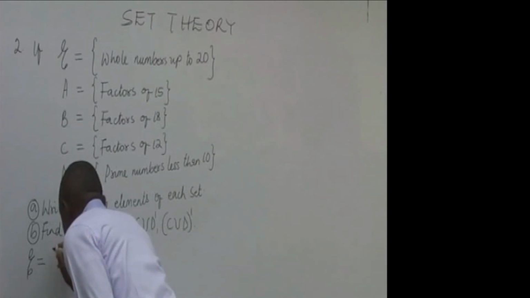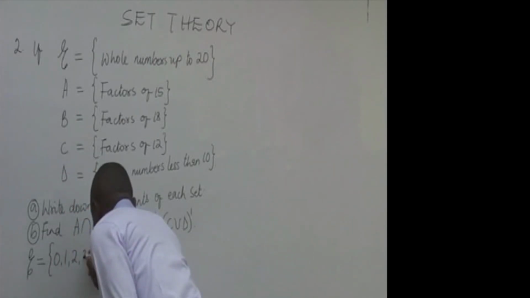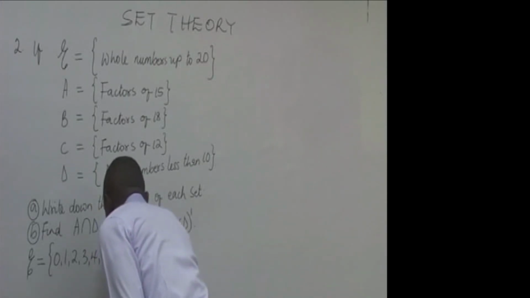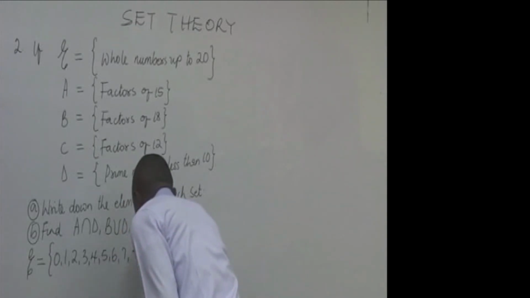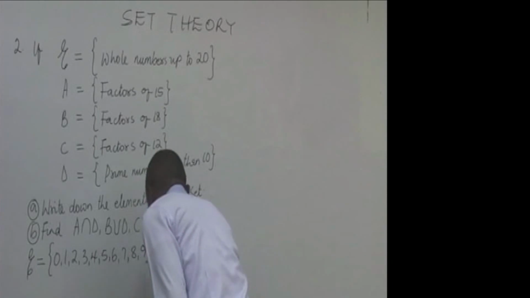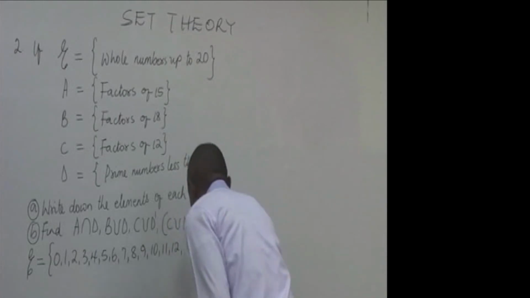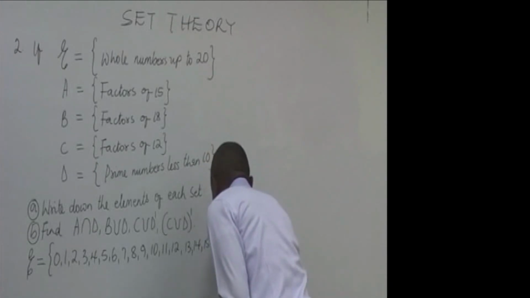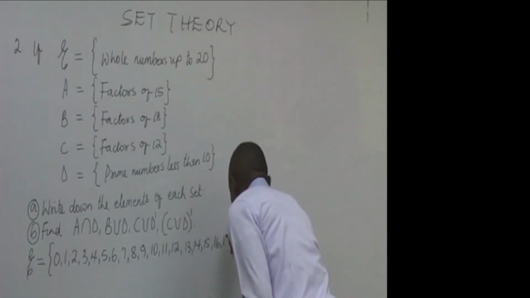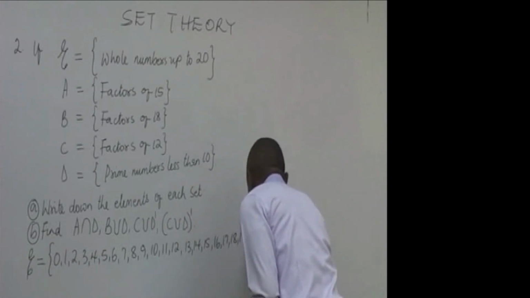The members of the universal set are 0, 1, 2, 3, 4, 5, 6, 7, 8, 9, 10, 11, 12, 13, 14, 15, 16, 17, 18, 19, 20.